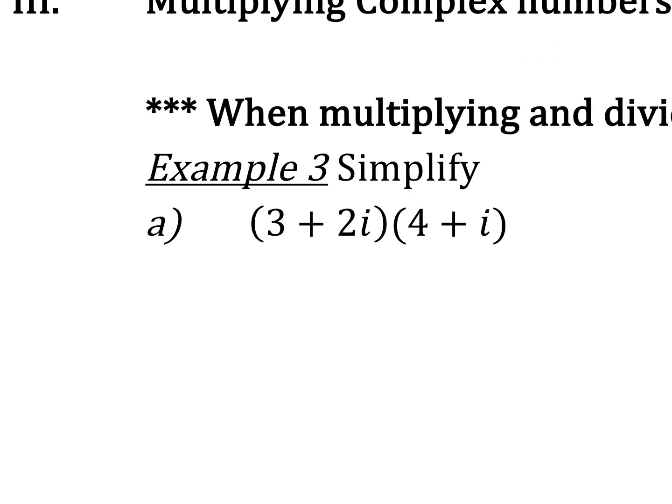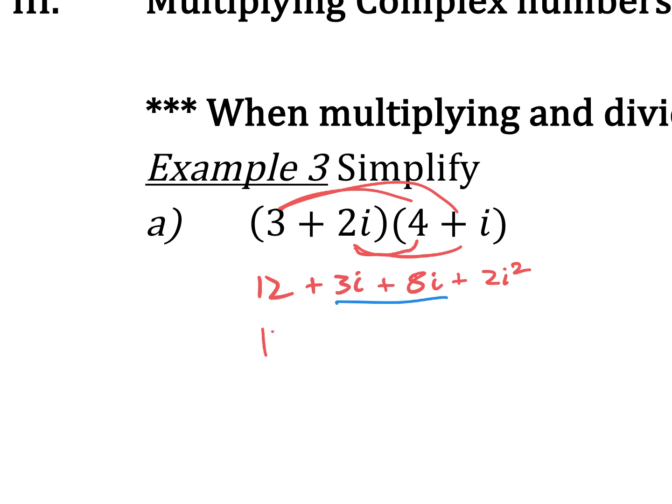So let's distribute. 3 times 4 is 12. 3 times i is 3i. Now, just like with a variable, 4 times 2i: 4 times 2 is 8, and we have 8 times i. And 2i times i is 2i squared. We can combine like terms there, and we get 12 plus 11i plus 2i squared.